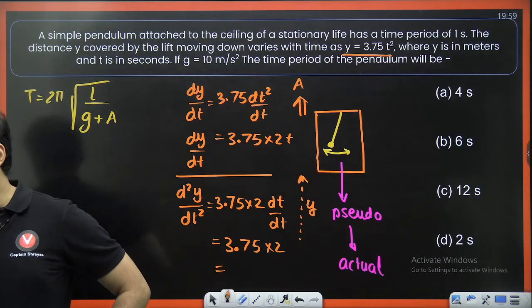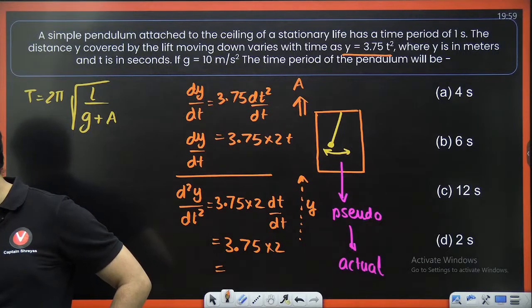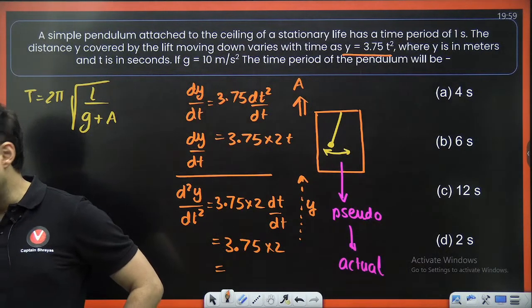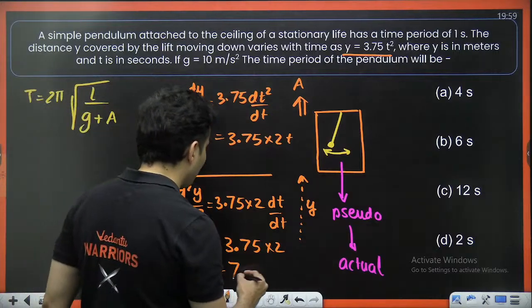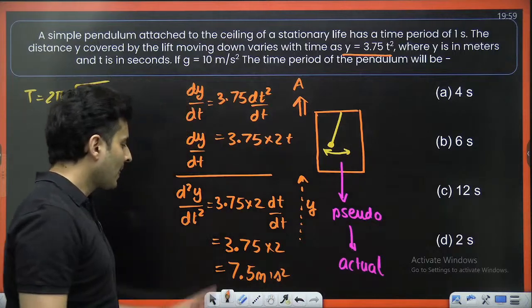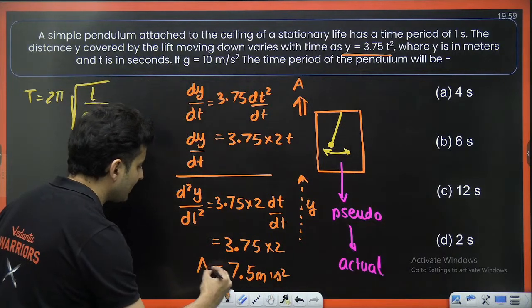Come on, sleeping heads. Tell me, 7.5? Very good. So put it as 7.5 meters per second square. Awesome. This is your acceleration.